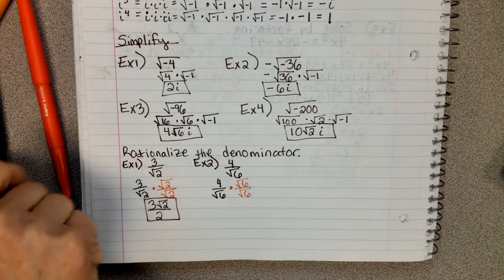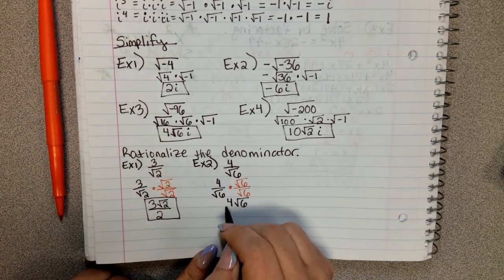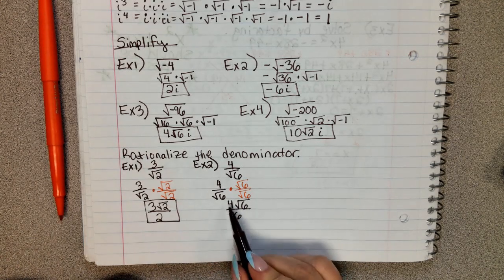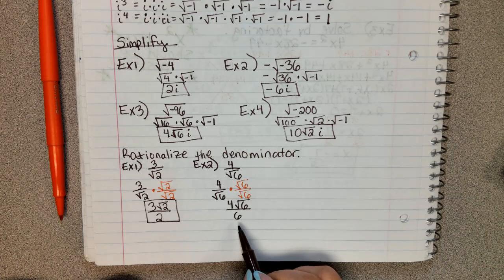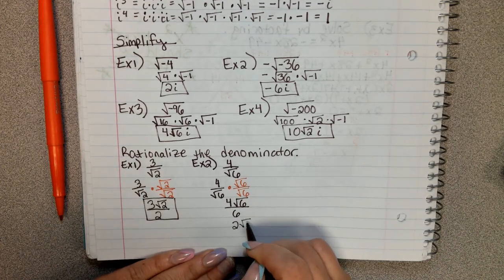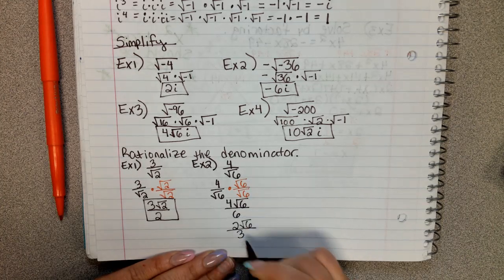Now that's great, because that leaves me with 4 times the square root of 6 over 6. But I'm not finished there. I need to simplify. 4 over 6 simplifies by 2. So I end up with 2 square root of 6 over 3, because 4 over 6 is 2/3.